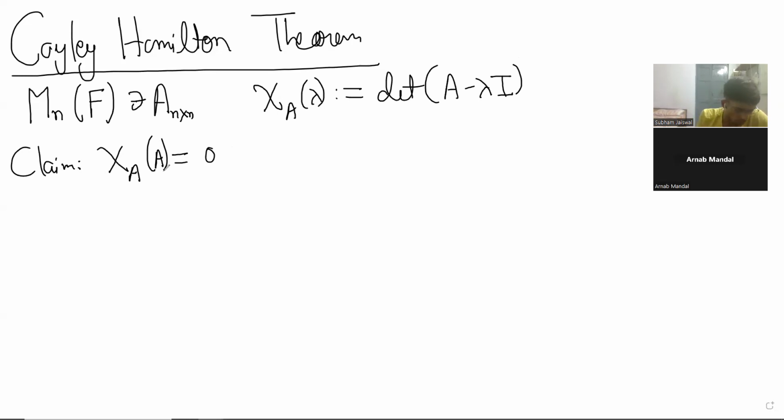So why is it? Let us see one case where it is obviously true. If this has n distinct roots, then you can write, let's say the roots are lambda 1, lambda 2, and so on.